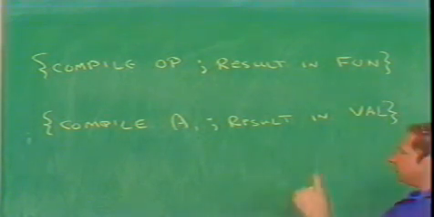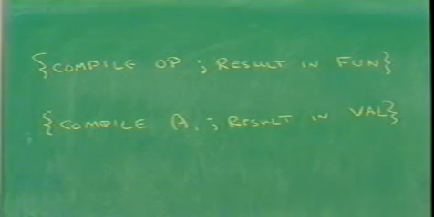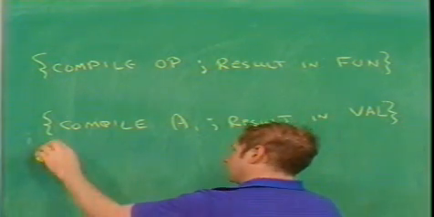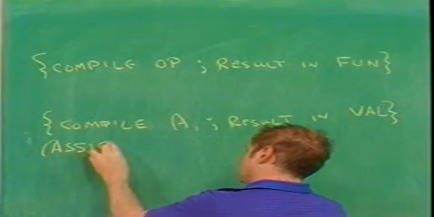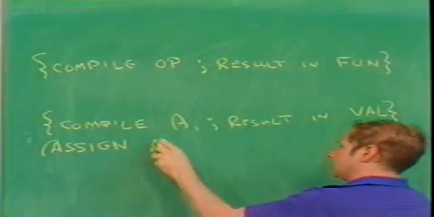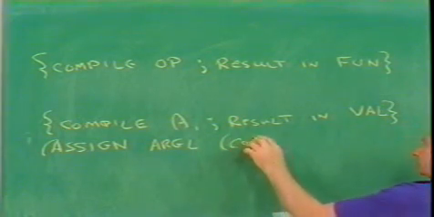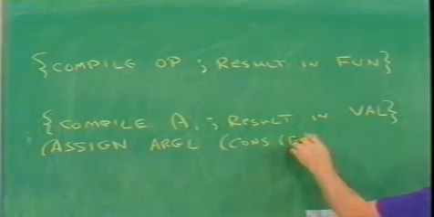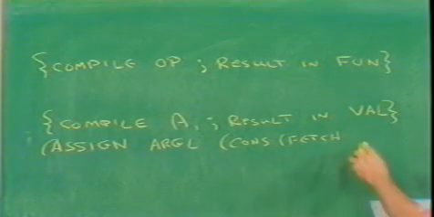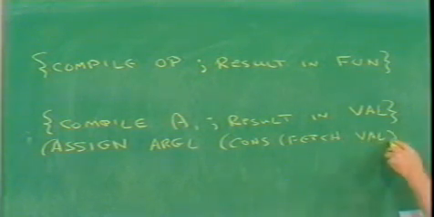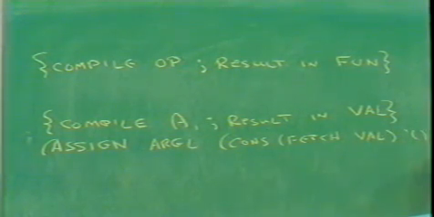And then it's going to need to start setting up the argument list. So it'll say assign to argl const fetch, so it generates this literal instruction, cons a fetch of val onto the empty list.